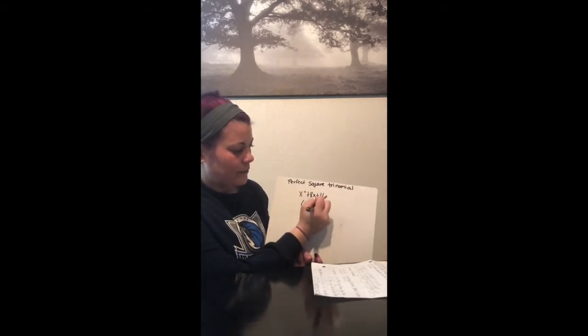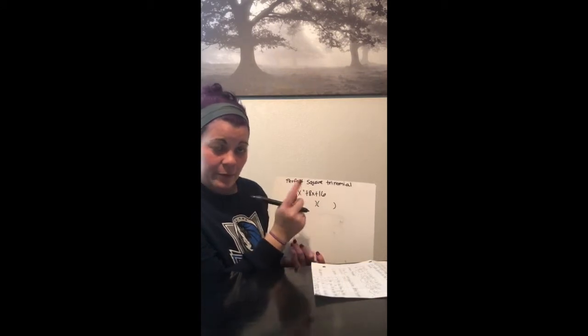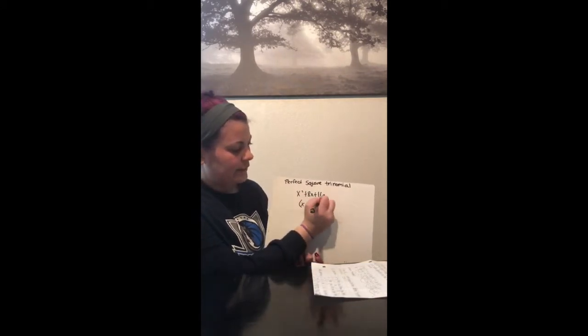So if you look here, obviously this is addition, so it's a perfect square, and I can take the square root of each of the first and the last term since they're both perfect squares: x and x, 4 and 4. And then we look at the middle term and it's a positive 8, so we know that they are both positive.